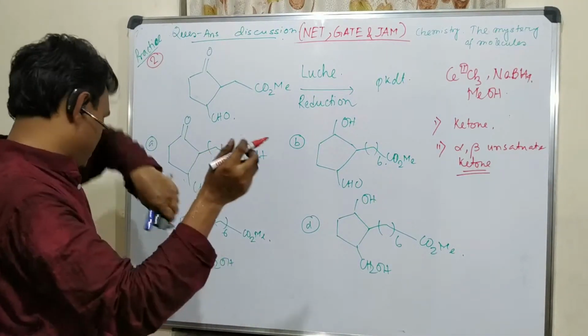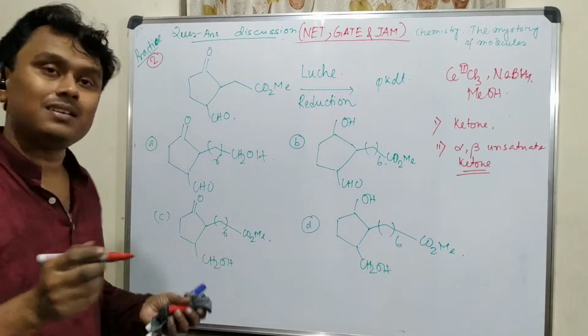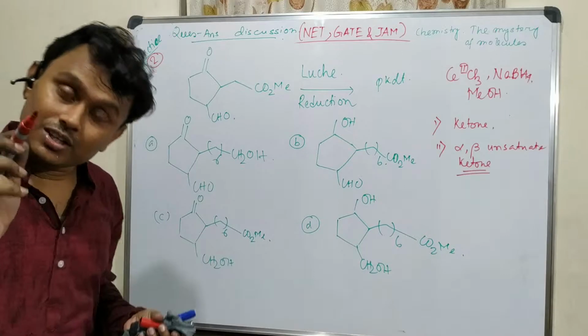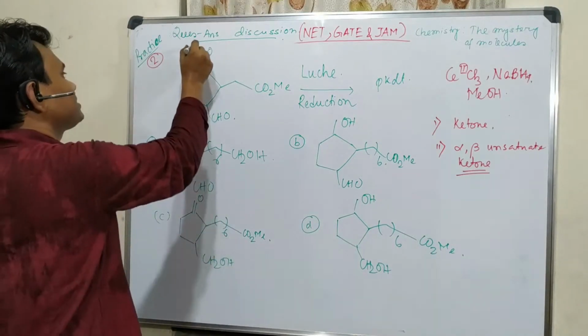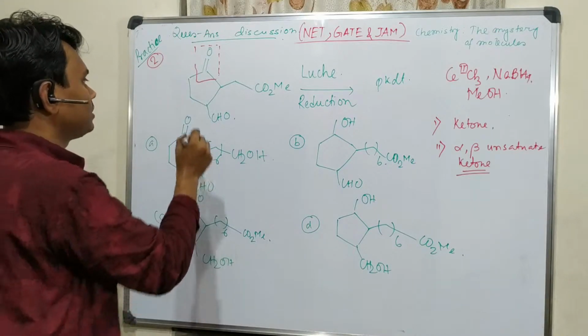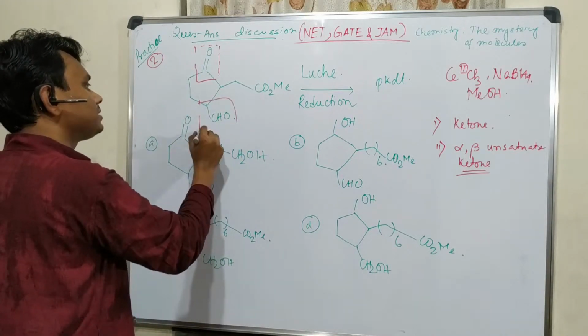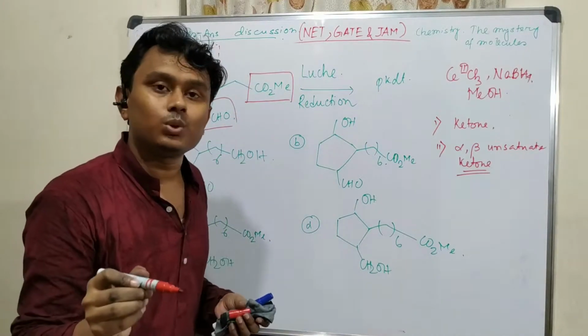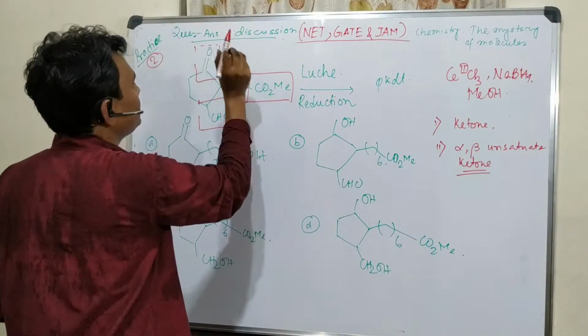If you get such a question, I suggest you check what functional groups are given in the problem. For example, one functional group is ketone, this is aldehyde, and this is ester. The primary criterion for Luche reduction is the ketone, so it will be reduced.